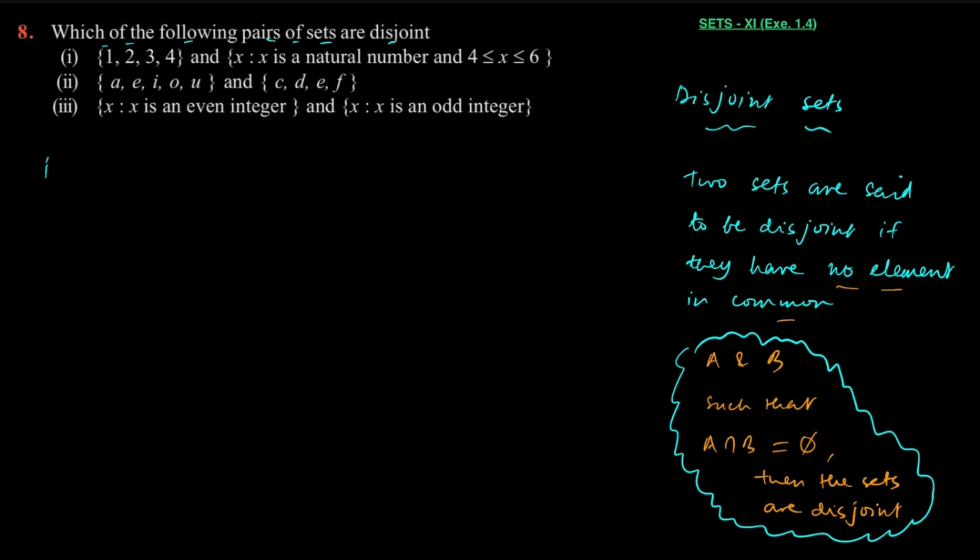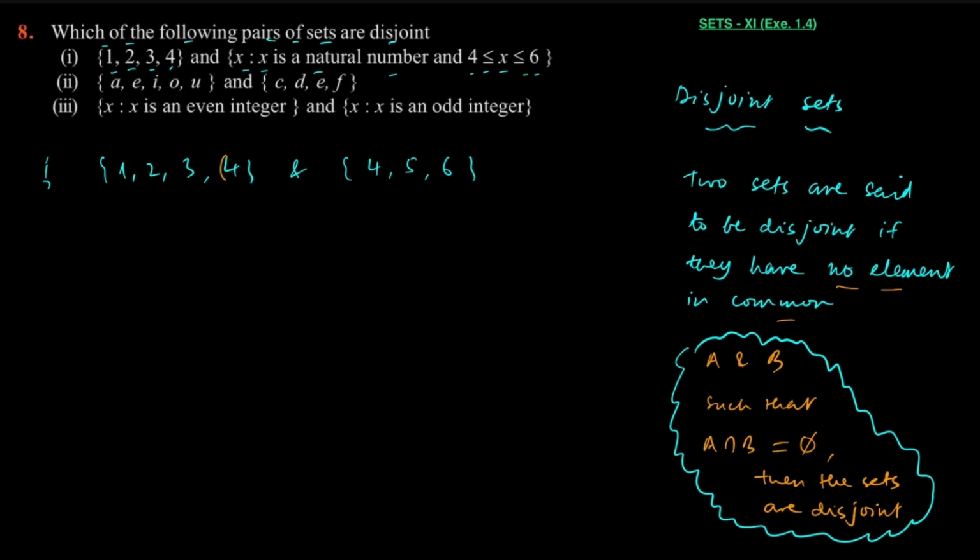Now let's solve part number first. We have a set containing elements 1, 2, 3, 4. And we have another set where x such that x is a natural number and x is greater than or equal to 4 but less than or equal to 6. So this set will be having elements as 4, 5, and 6.